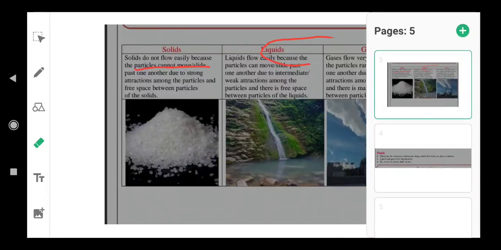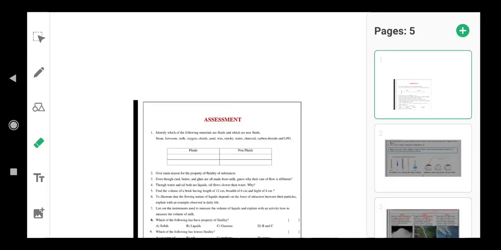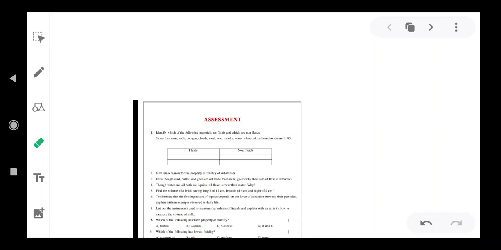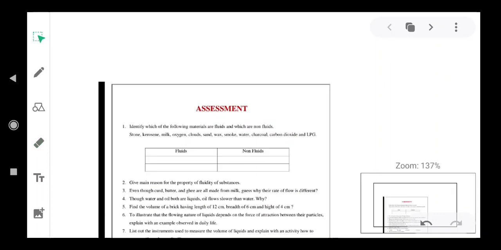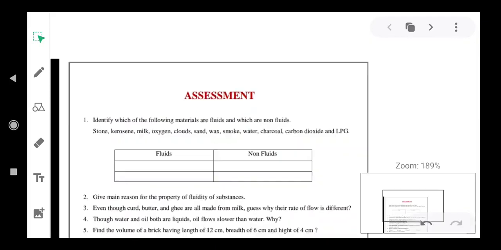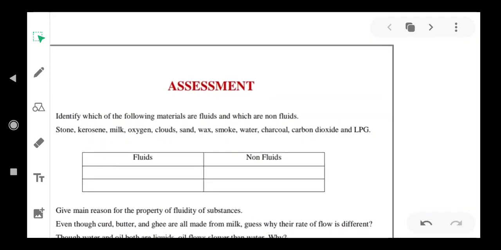So from this we have to answer this first question. You have to identify which is solid, which is gas and which is liquid. First of all, there is stone. Stone is a solid thing, so that can't flow.